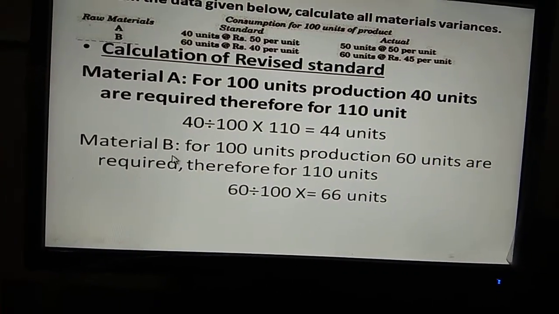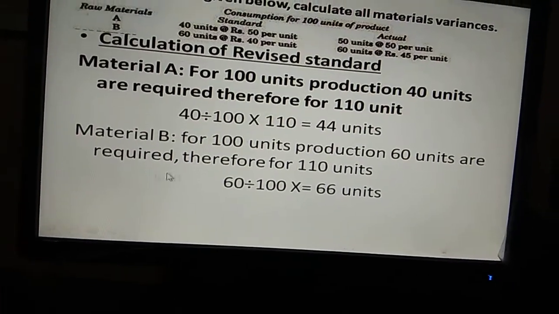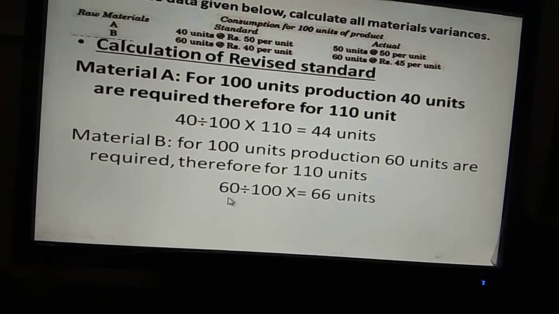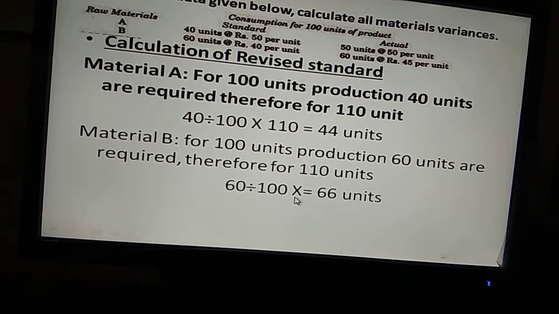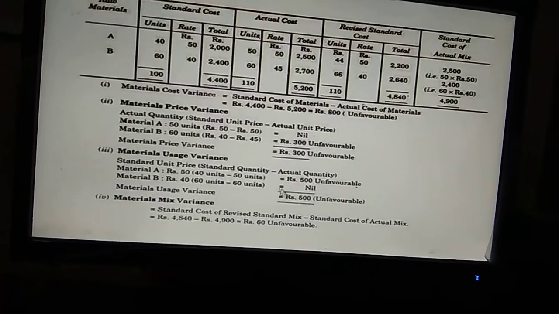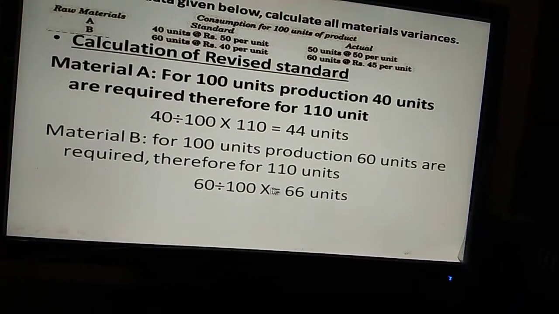And for material B, for 100 units production, 60 units are required. Therefore for 110 units, 60 is the numerator, 100 is the denominator. There is a mistake here.